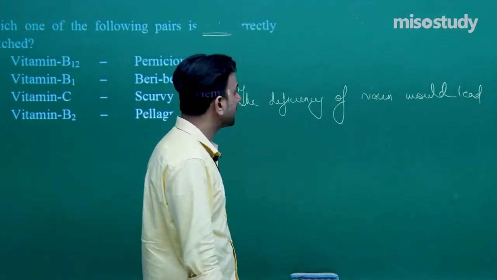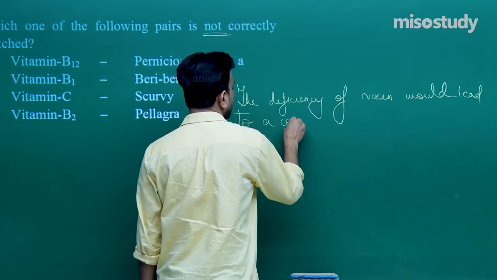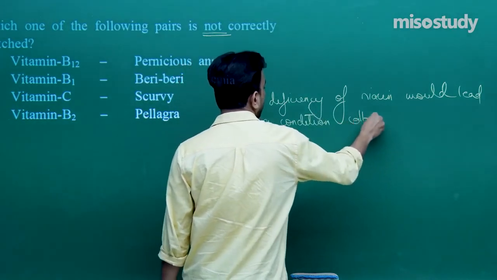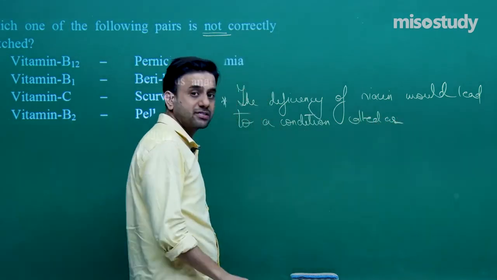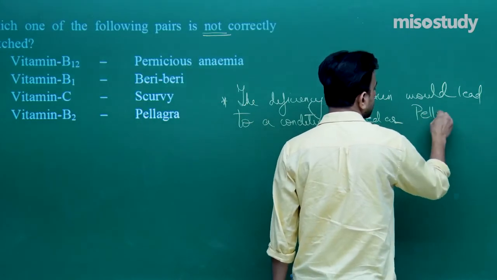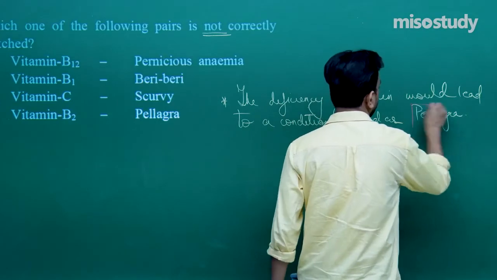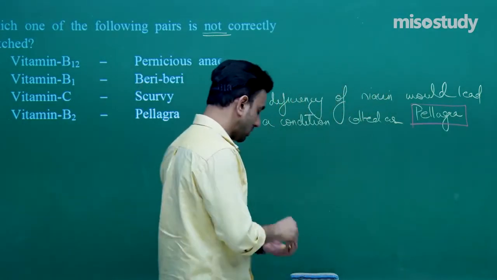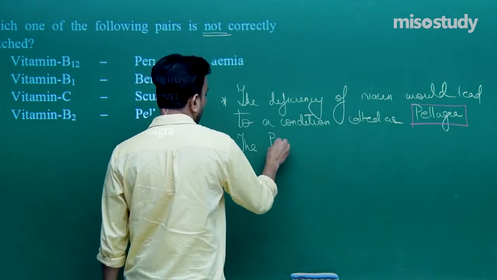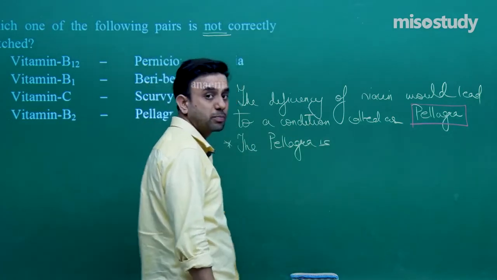The deficiency of niacin would lead to a condition called pellagra.